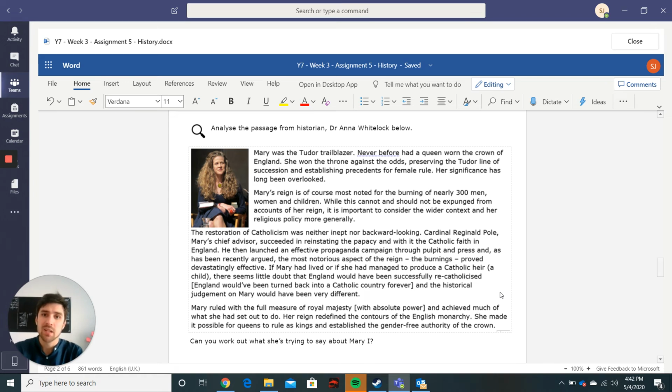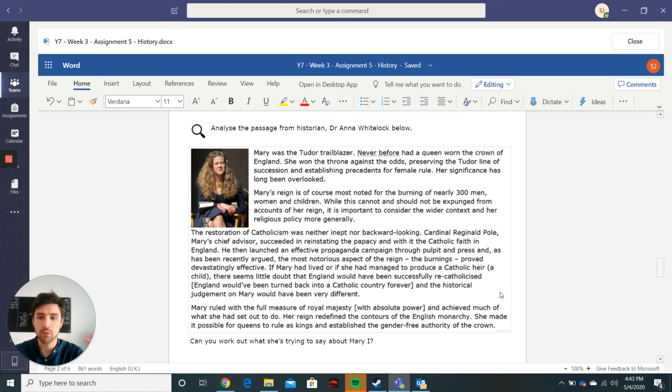So basically, he convinced everybody that what Mary had done... If Mary had lived, or if she had managed to produce a Catholic heir, a child, there seems little doubt that England would have been successfully re-Catholicized. England would have turned back into a Catholic country forever. And the historical judgment on Mary would have been very different.